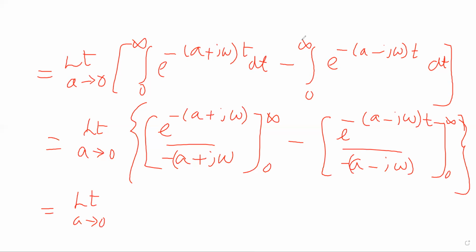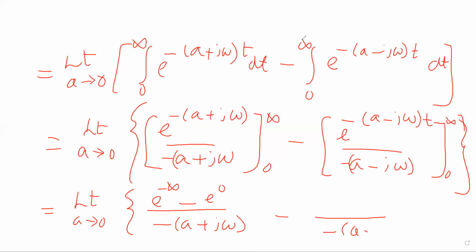The first one has denominator minus a plus j omega, and numerator exponential minus infinity minus exponential 0. The second one also, the denominator is minus a minus j omega, numerator e to the power minus infinity minus e to the power 0.